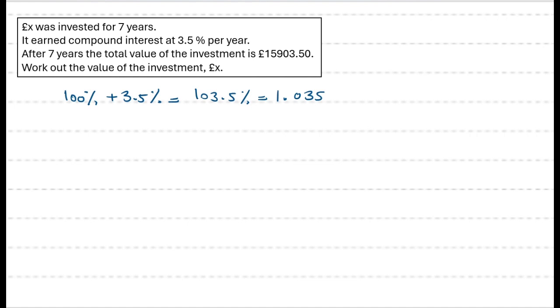Then we write the initial amount, x, times it by the multiplier, 1.035, raised to the power of number of years, which is 7 years. And that gives us the final amount, which is £15,903.50.